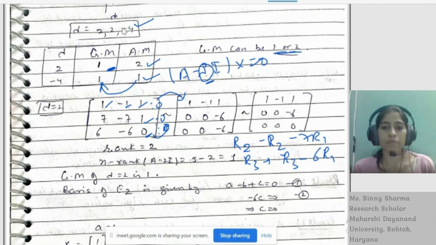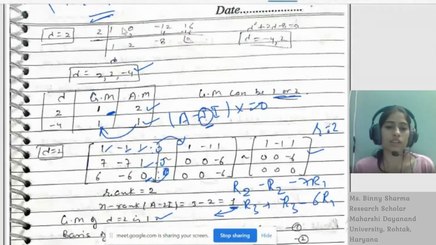After applying all elementary operations, the rank of this matrix is 2, and the nullity of this matrix is n minus rank of (A minus 2I), that is 3 minus 2, that is 1, and it decides the geometric multiplicity of lambda 2 equals 1.